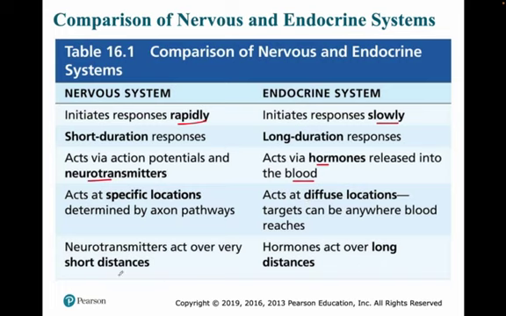Neurotransmitters typically act over short distances, generally they don't travel long distances, but hormones can, like I said, travel pretty long distances. So these are the basic differences of the two systems.